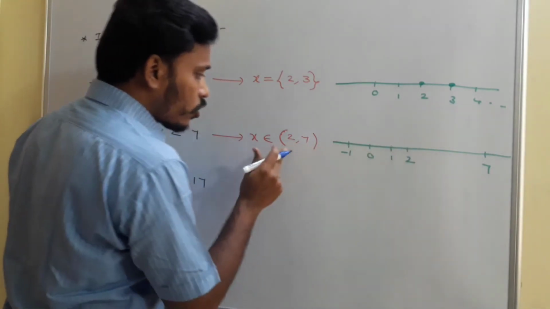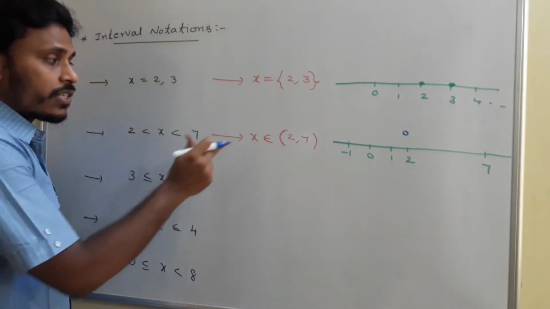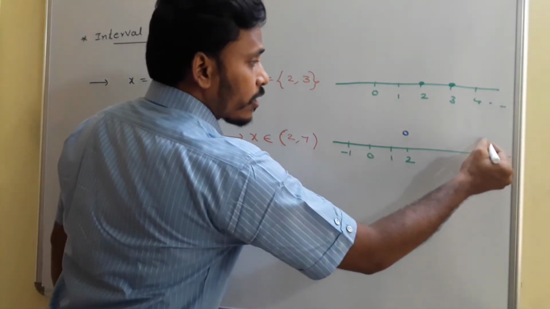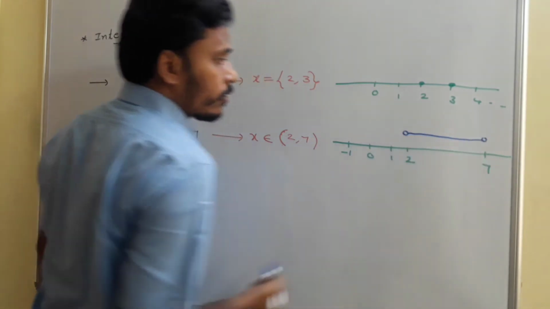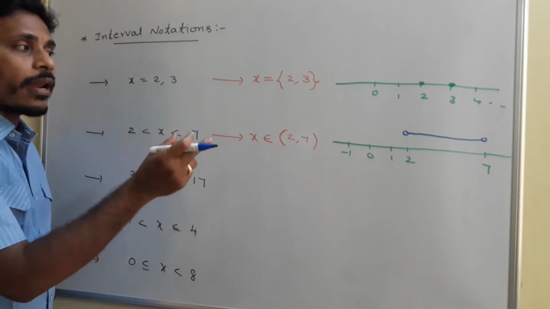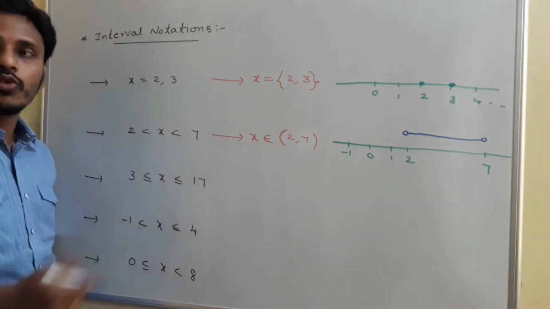Since 2 is not included, you take a small open circle at 2, and since 7 is not included, you take a small open circle at 7 and you join those two circles. So that is the number line representation of the solution x in between 2 and 7.